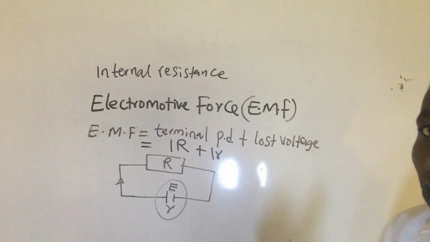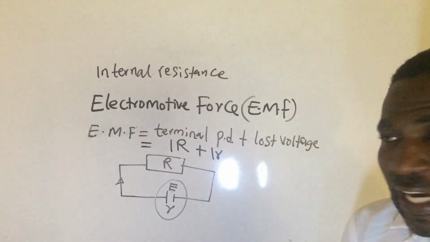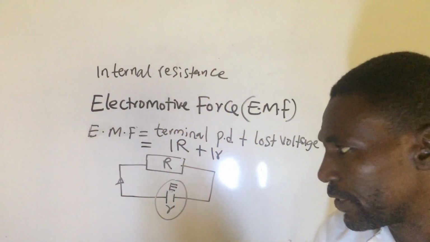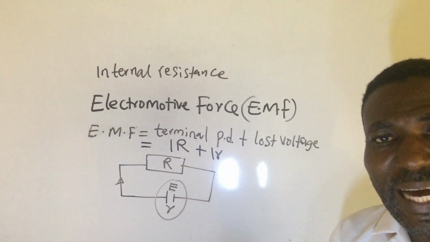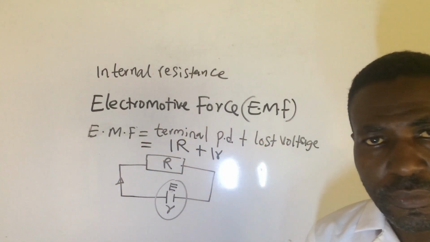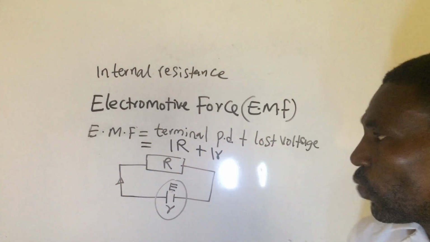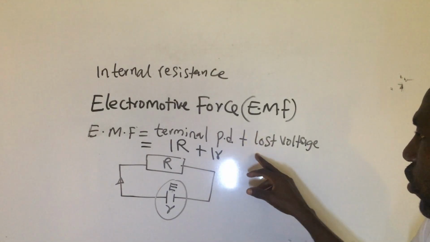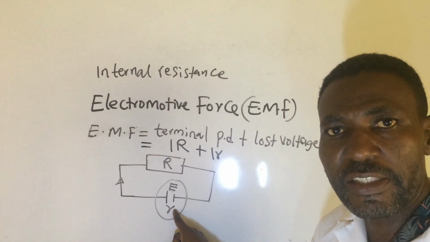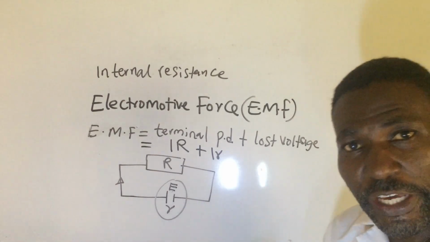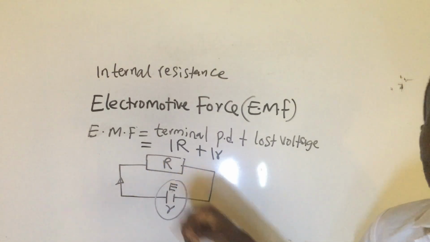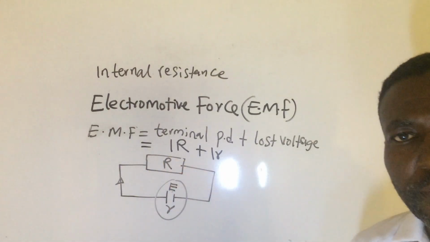But the manufacturer considers that and gives this battery the electromotive force that can deal with the internal resistance and also push current outside. Understand? We now consider the lost voltage, that is the voltage that will deal with the resistor in the battery before coming out to deal with the external one.